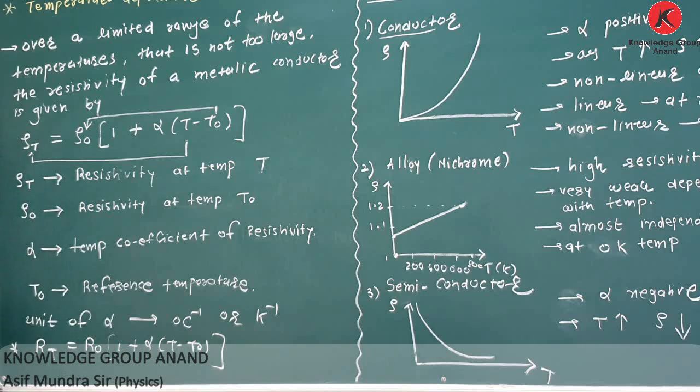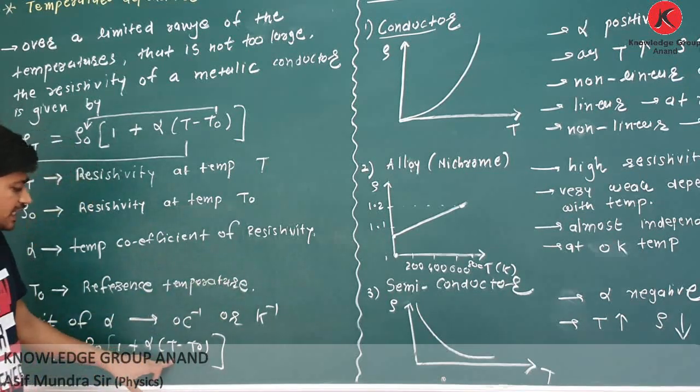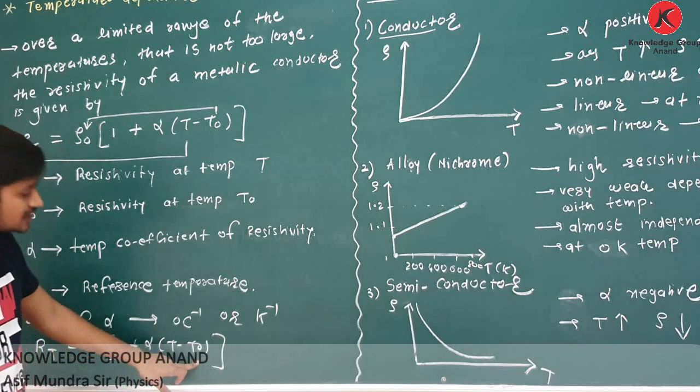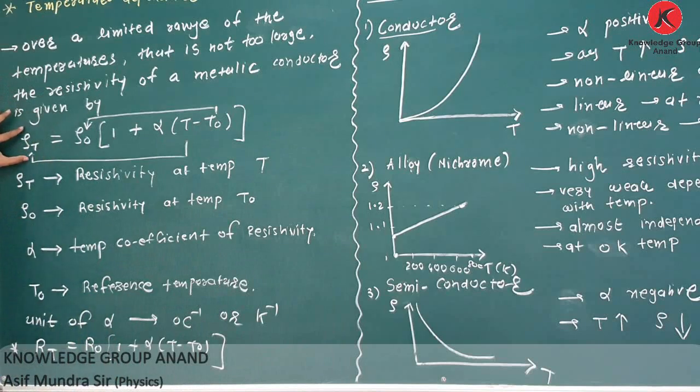It is the equation of resistance. R_T means resistance at temperature T. R_0 means resistance at temperature T_0, that is the reference temperature. Alpha, temperature coefficient of resistivity, and T, temperature of object. T_0, reference temperature. So, yes, you know this equation.